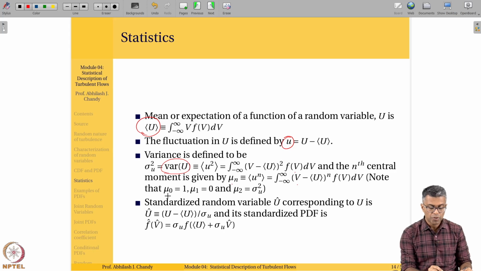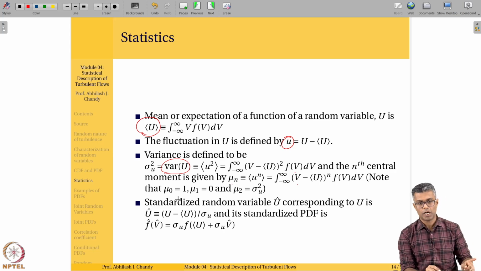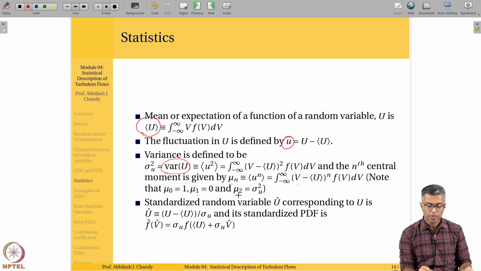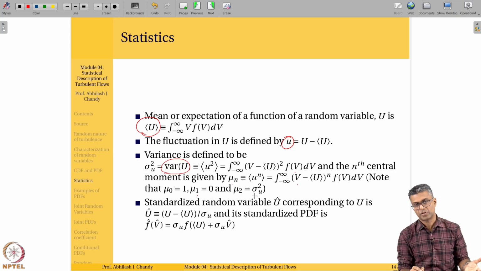So your mu 0 is 1, your mu 1 is 0, and your mu 2 is your variance, sigma u squared, which is what this is, right? This is your mu 2. Mu 0 is obviously 1 because your 0th central moment is 1. Your first central moment is 0.